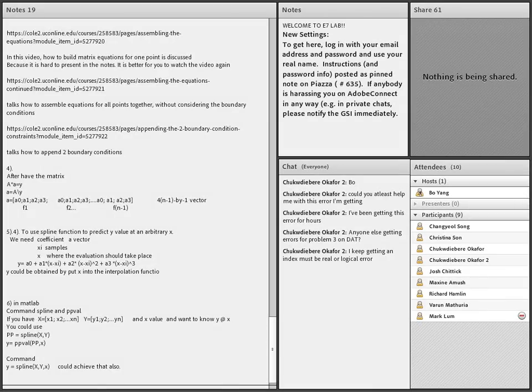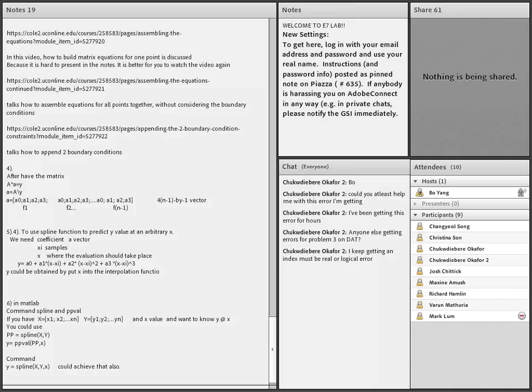If we have x as the training data, x equals x1, x2 to xn, and y equals y1, y2 to yn, and here x and y have the same size, say n by 1 vector, and small x is the place we want to evaluate the function.